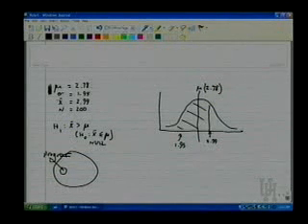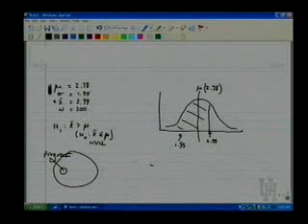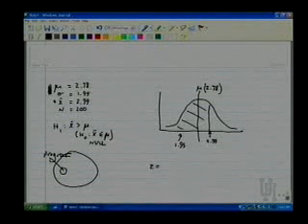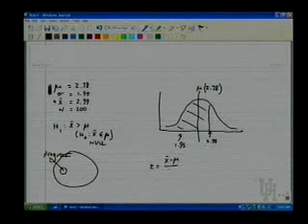So we could standardize this mean score, that is, convert it into a z-score. To do that, we would subtract the mean from X bar and divide by the standard deviation.